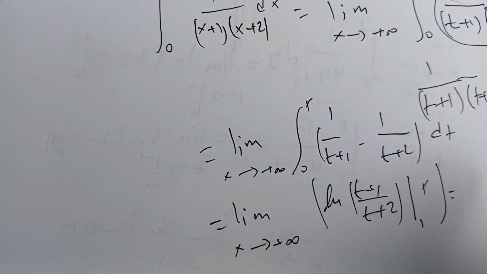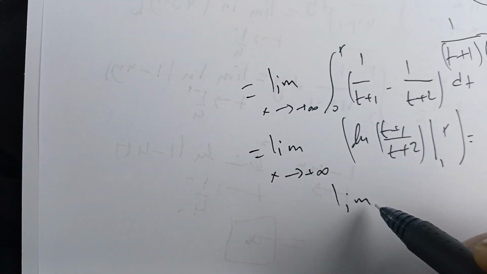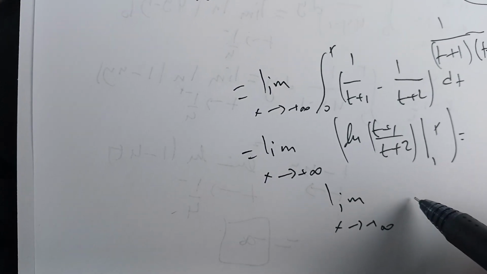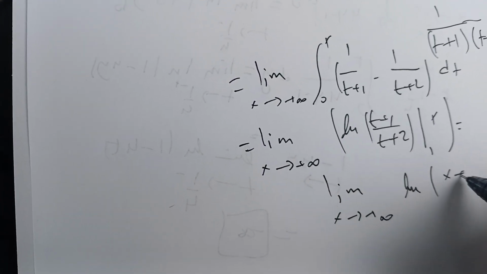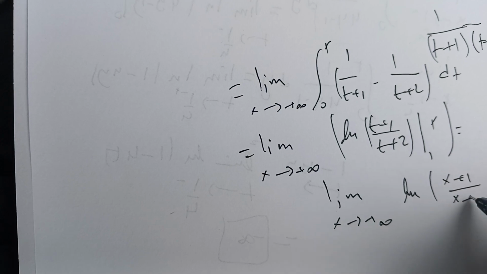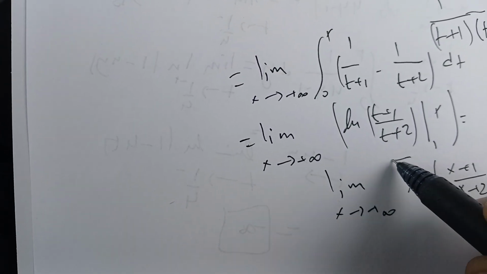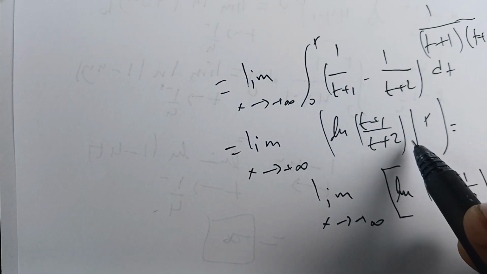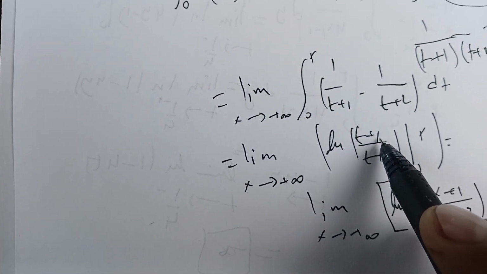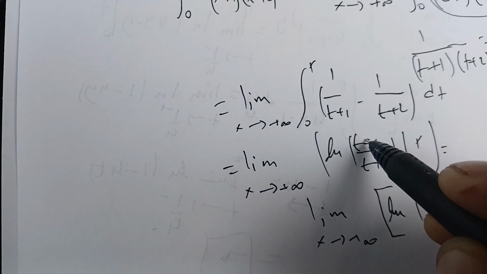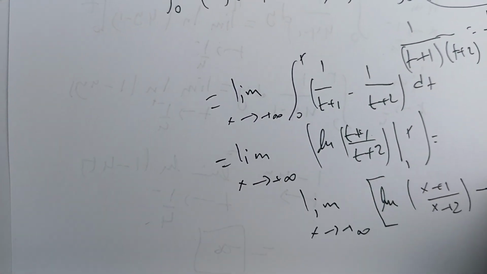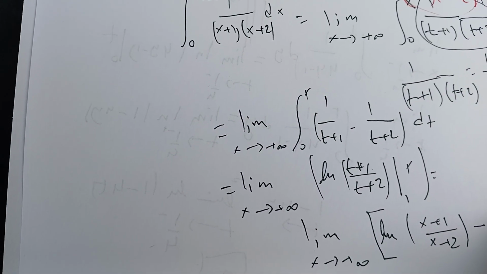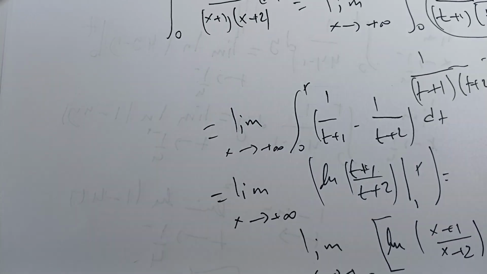Now I plug the values: the limit as x goes to infinity of the natural log of (x plus 1) over (x plus 2) minus the natural log of, when I plug in 1, I get 2 over 3. So that's the integral that you get.